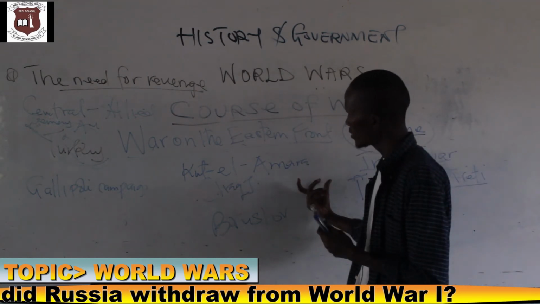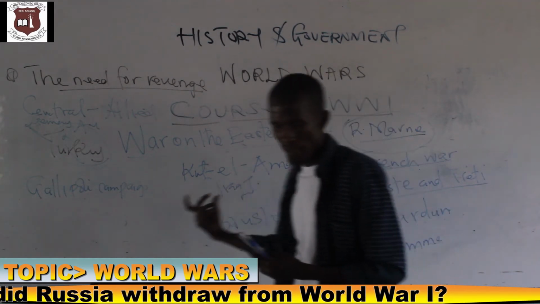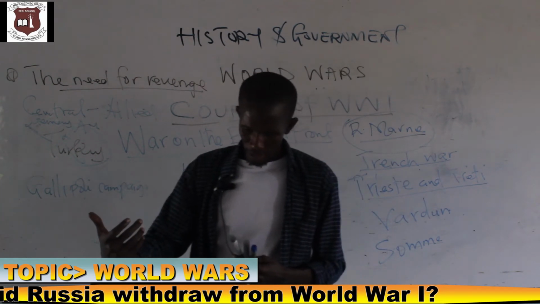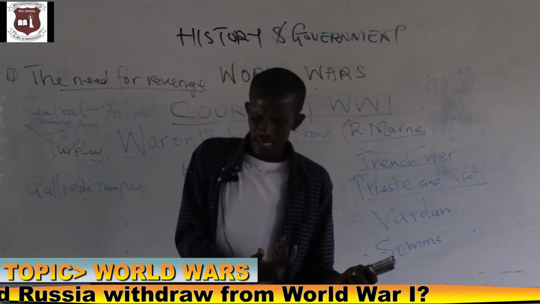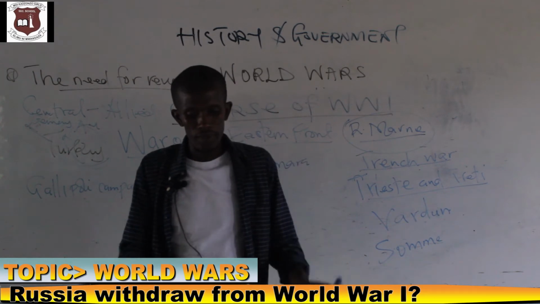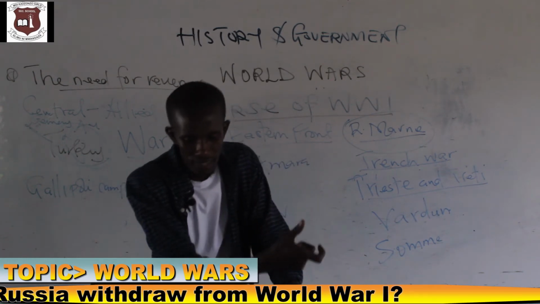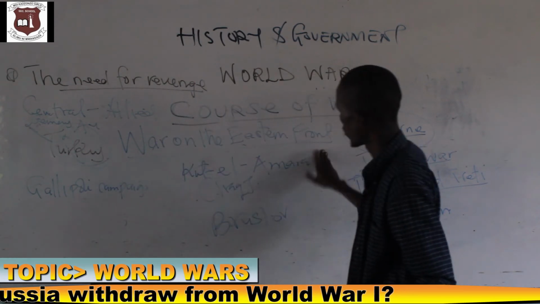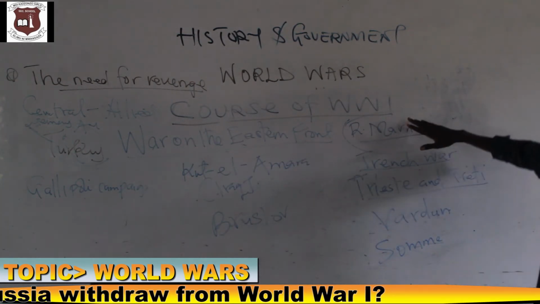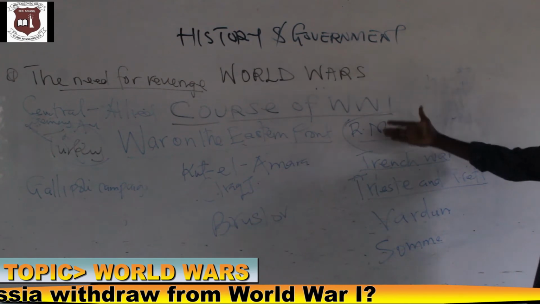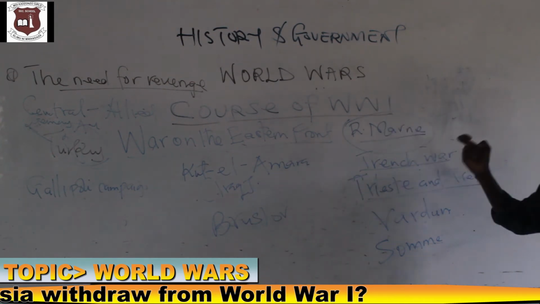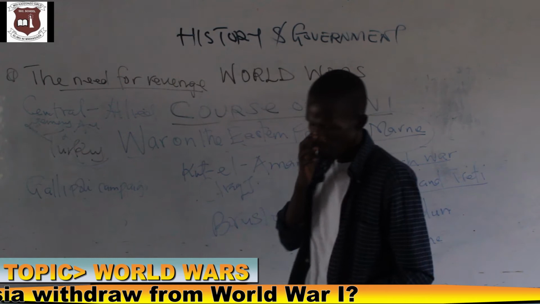So the Allied side got another new member, the Romanians. And then in 1917, Russia withdrew from the war, which dealt the Allies on the Eastern Front a heavy blow. So Russia, one of the major key players in the war, withdrew in 1917.